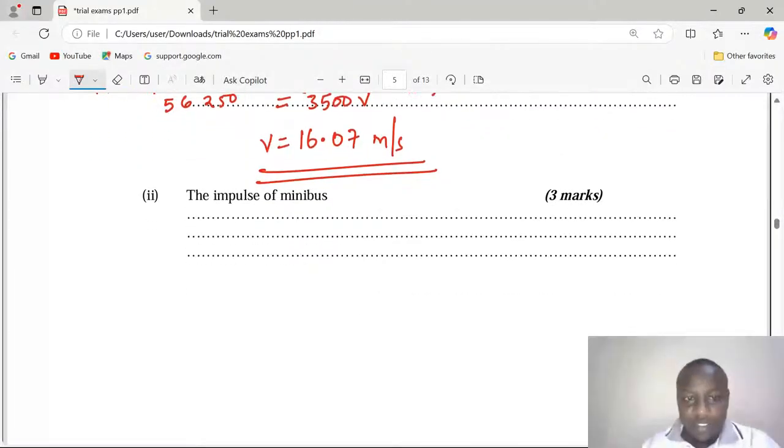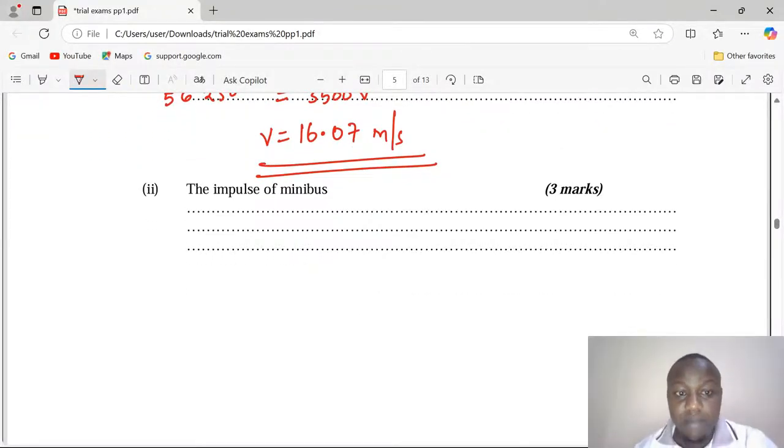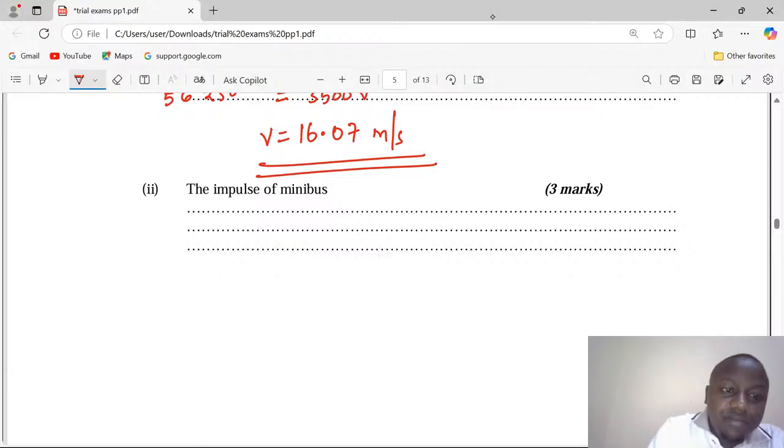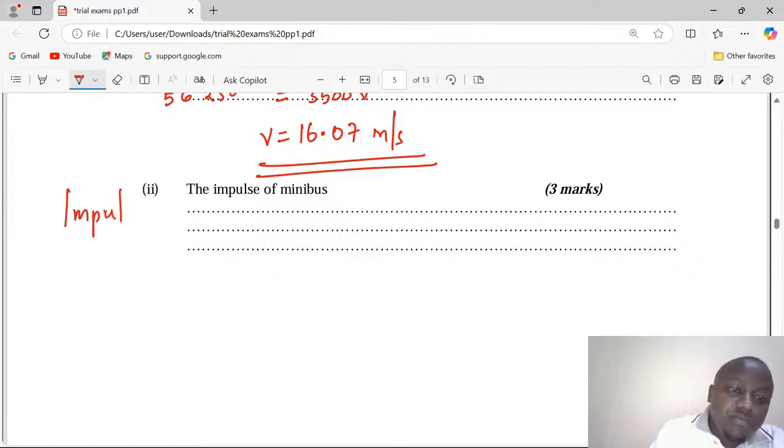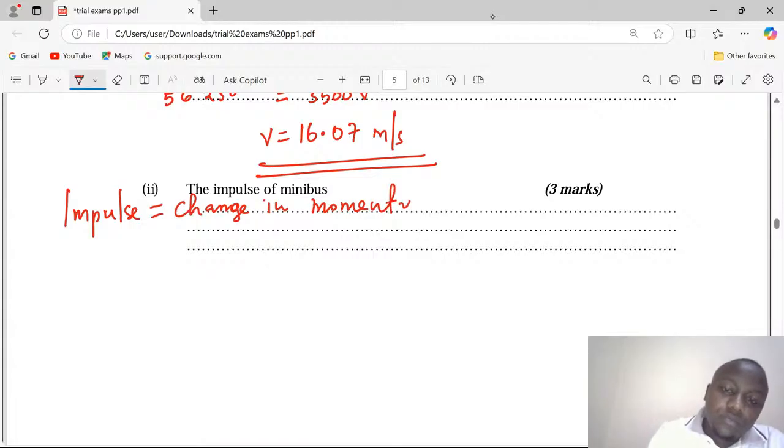Then impulse of the bus. We're supposed to know that impulse is given by, actually it's something we had talked about up there. Impulse by definition now will be given by change in momentum, not the rate of change in momentum, of the minibus, because we are talking about the minibus in this case.